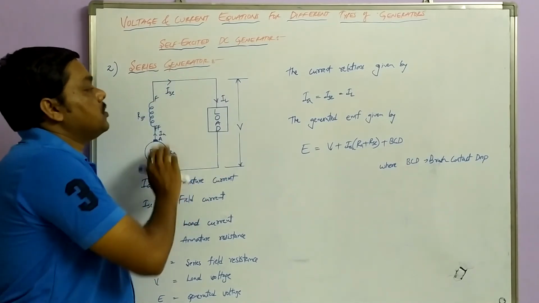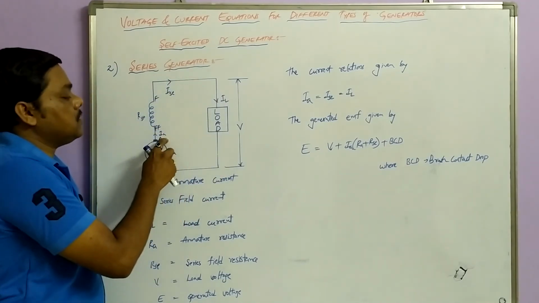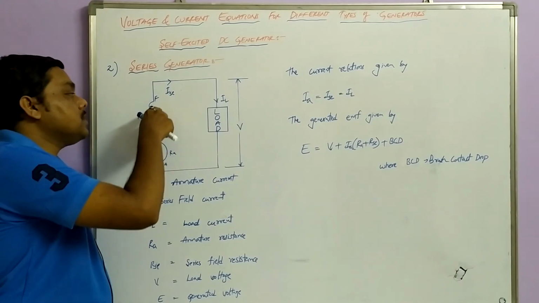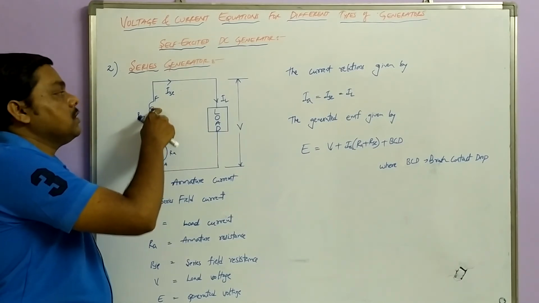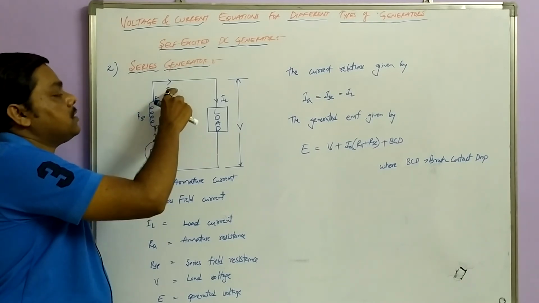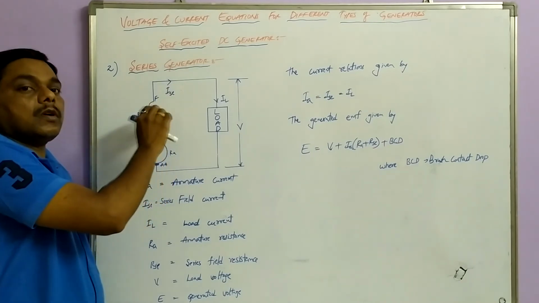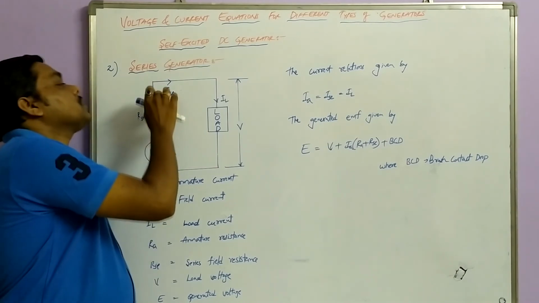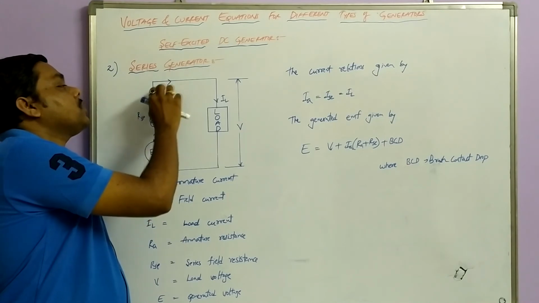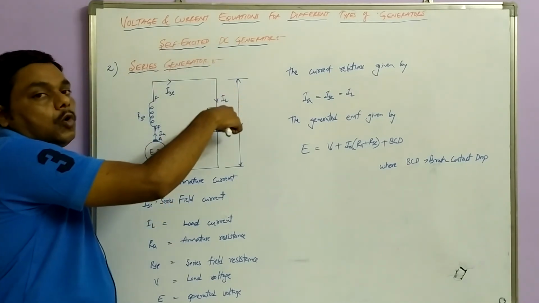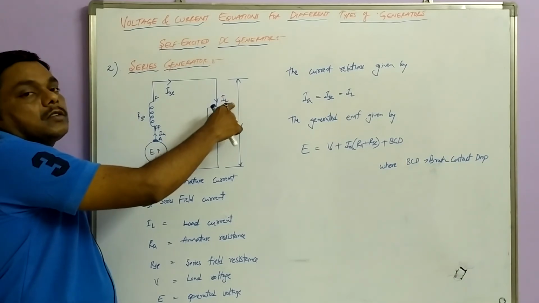Just by observing, you can see that IA is delivered from the armature and enters the series field winding, where we call it the series current, but the magnitude is the same. There is no drop here and no parallel element. So the same armature current flows to the field winding, where we call it the series field current, and the same current enters the load terminals, where it is called the load current.